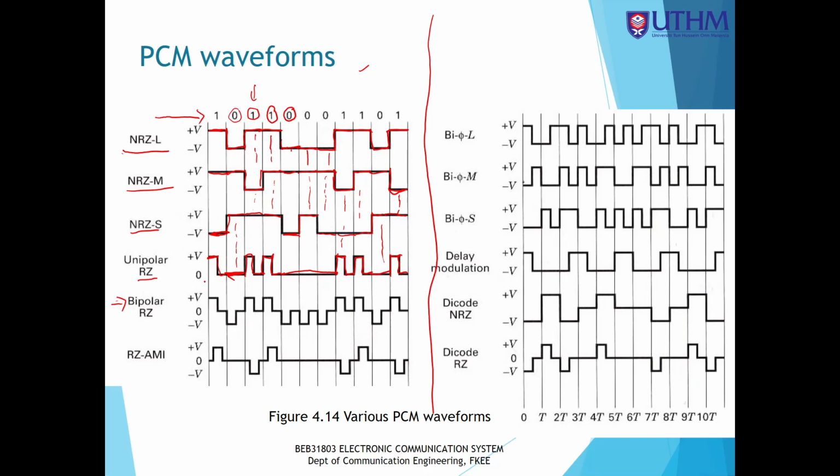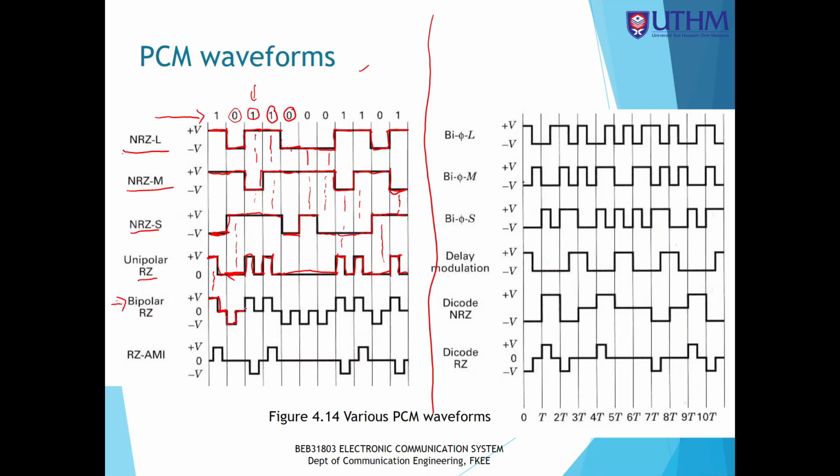If you see from here, input logic 1 will produce positive voltage for half bit time and then return to 0. And then input logic 0 will produce negative output voltage and then return to 0.